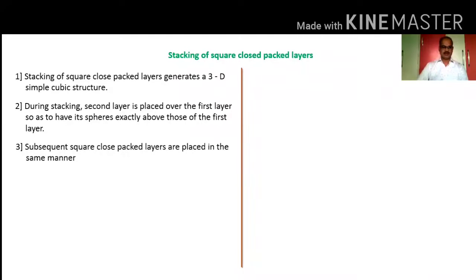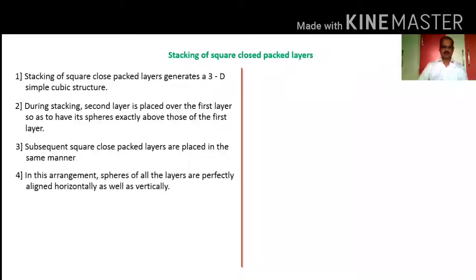As a result, you will get arrangement of two layers. Take the third layer, arrange in the similar manner. So, subsequently, square close packed layers will be placed in the same manner and they will look like this.